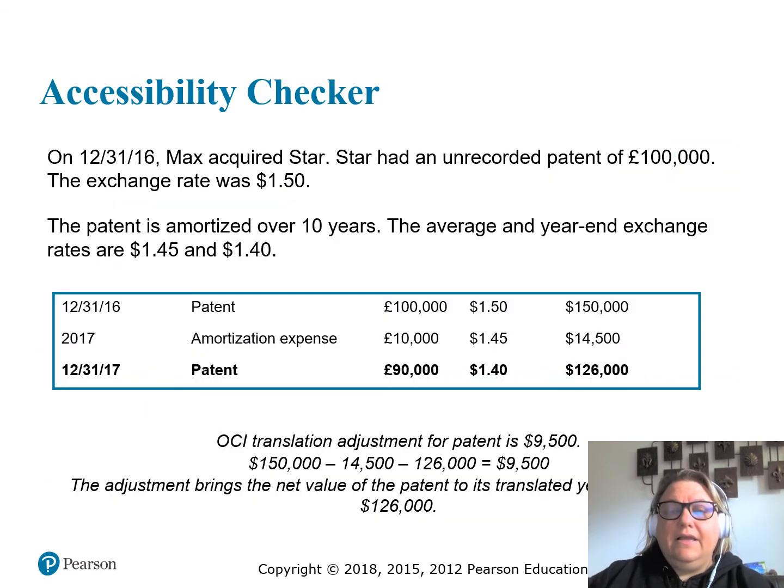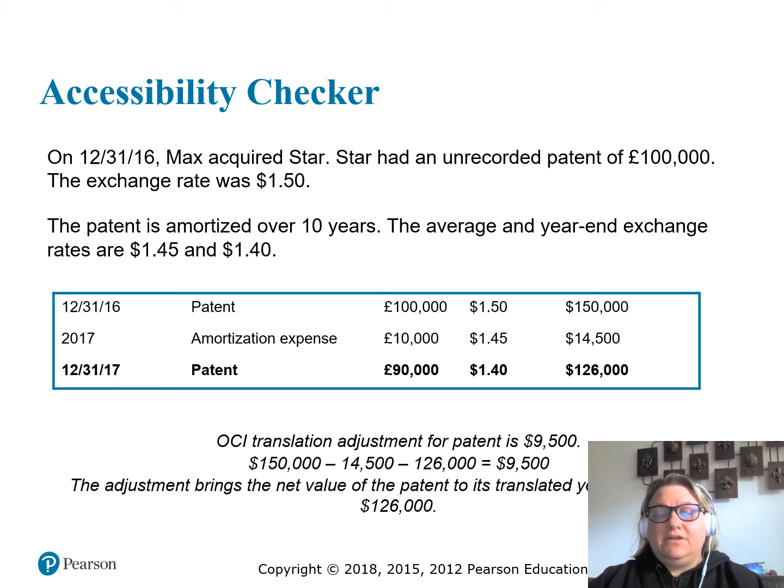All right, so let's look at 12/31/16, Max acquired Star. Star had an unrecorded patent of 100,000 euros. The exchange rate was 150. The patent is amortized over 10 years. The average and year-end rates were 145 and 140.